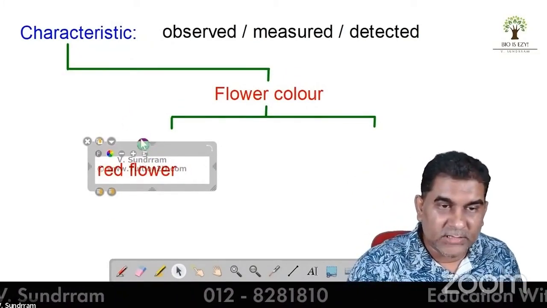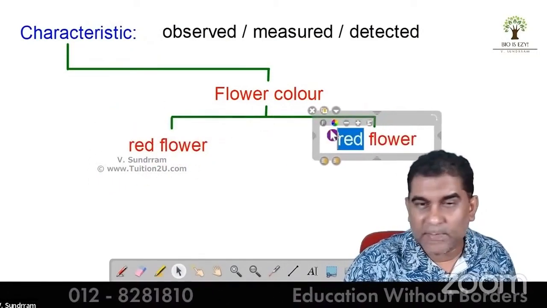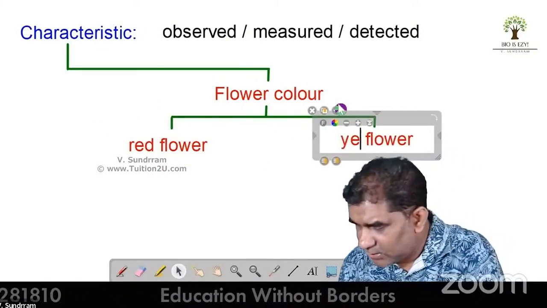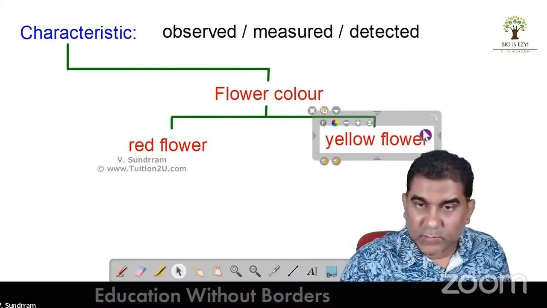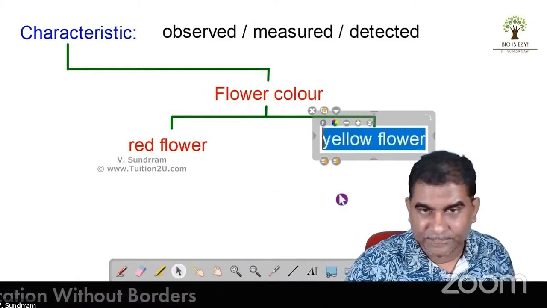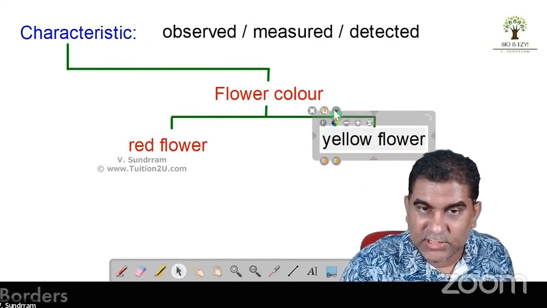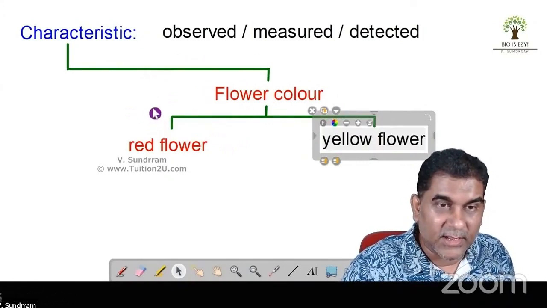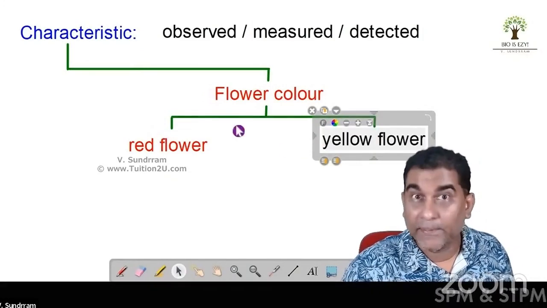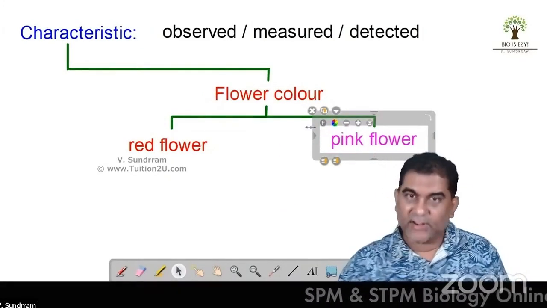Maybe it's a yellow flower. Yellow flower is not clear, so I change it to some other color. Red done, okay, blue. Pink flower, that's nice. Okay, so we have red flower and we have pink flower.